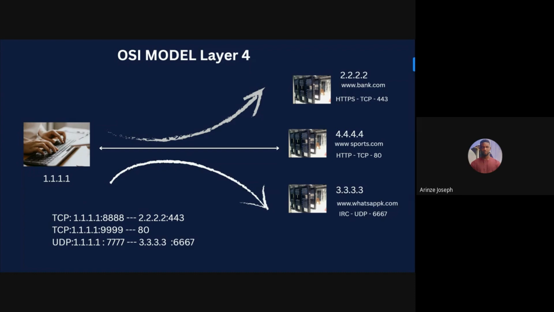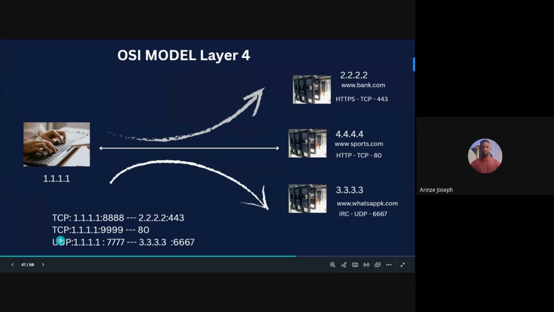And that does not interrupt what is going on, the sports content that you are watching, which also is being done by your host or your device, which is still of the same IP address of 1.1.1.1. And of course, there's another port that is open specifically to port 80 for that connection to go ahead.